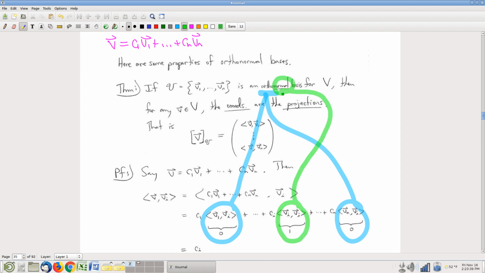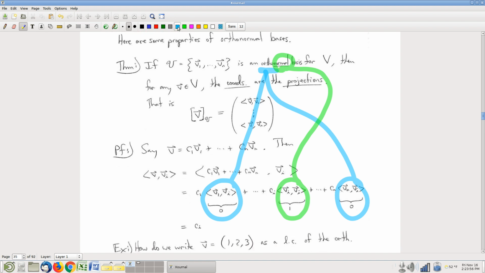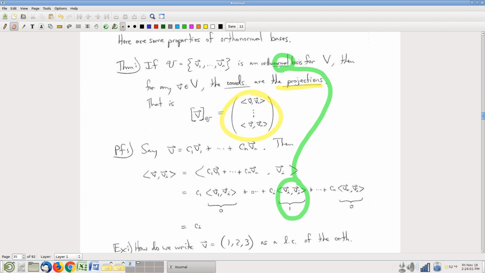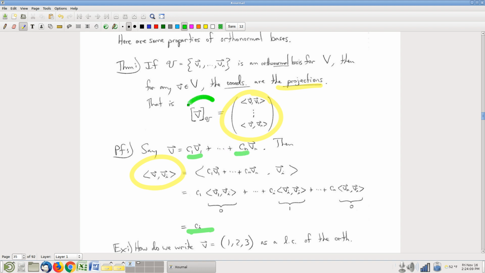And this gets to the normality. Being not just orthogonal but orthonormal, I know that the magnitude of Vi is 1, and therefore its self-inner product is 1 squared, which is 1. So that term becomes just 1. And altogether, as desired, the projections are equal to the coordinates, as required. So that's the proof.